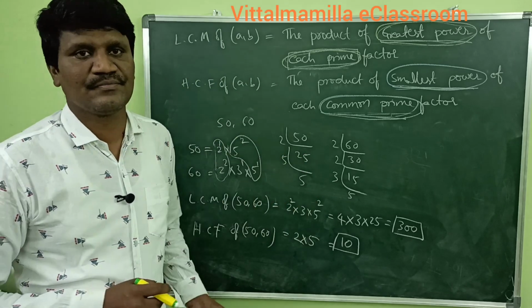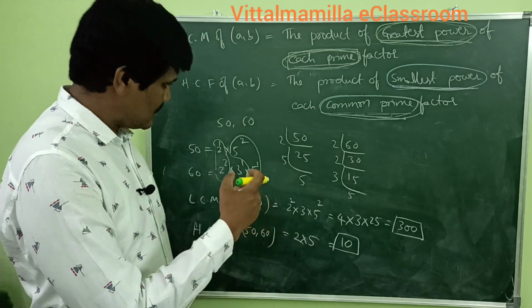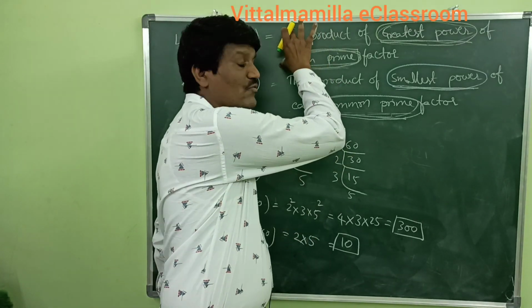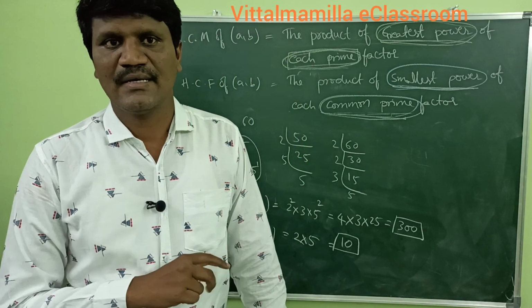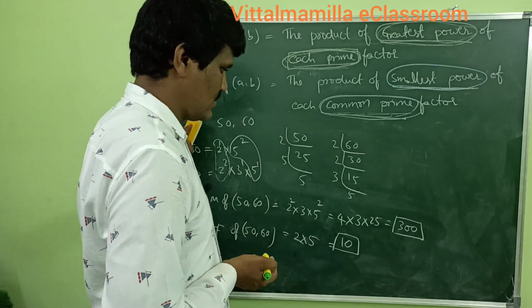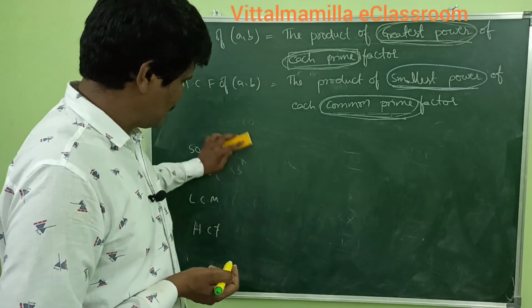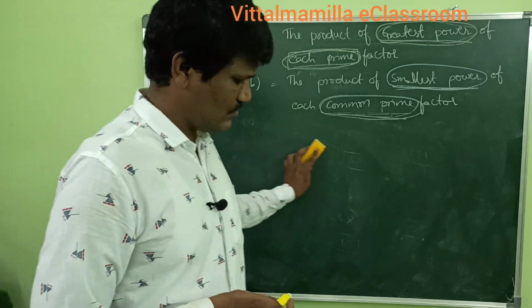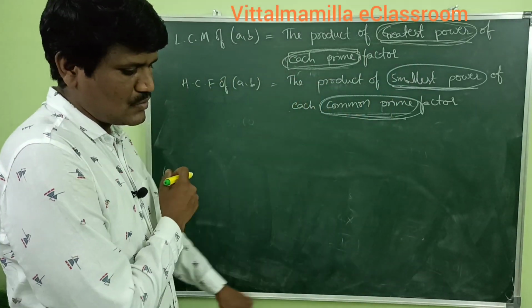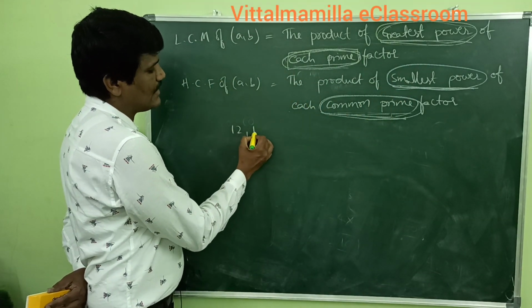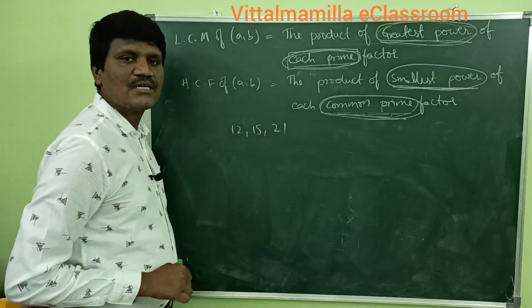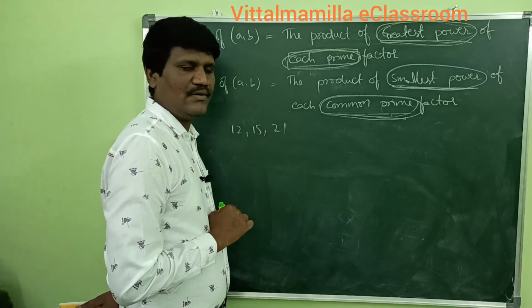Okay. Now let us do the same method for 3 numbers. Find LCM and HCF of 12, 15, 21.